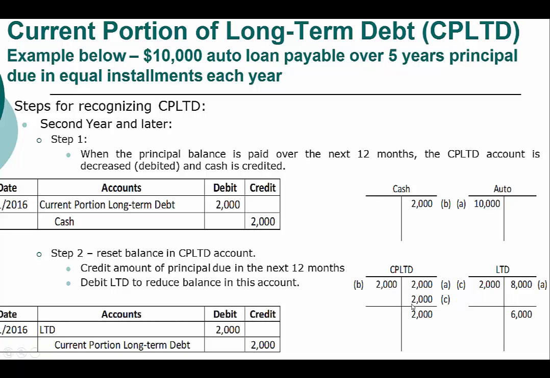Now we still show $2,000 coming due in the next 12 months, but long-term debt is down to $6,000. Taken together, we've paid $2,000 on the loan, and the loan is showing a balance of $8,000 in total, $2,000 current and $6,000 long-term. So that is current portion long-term debt.